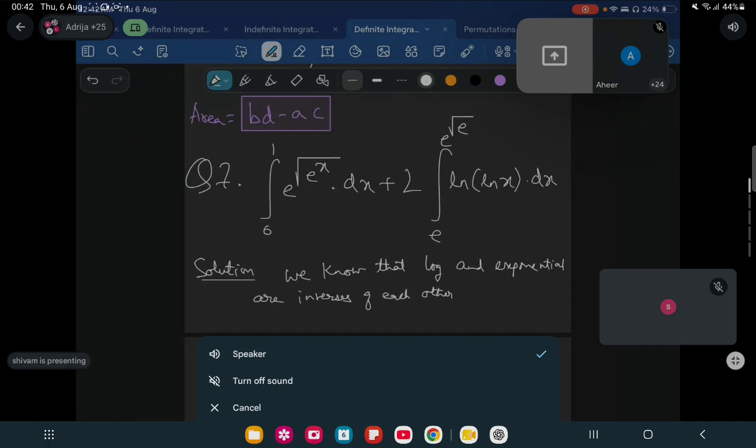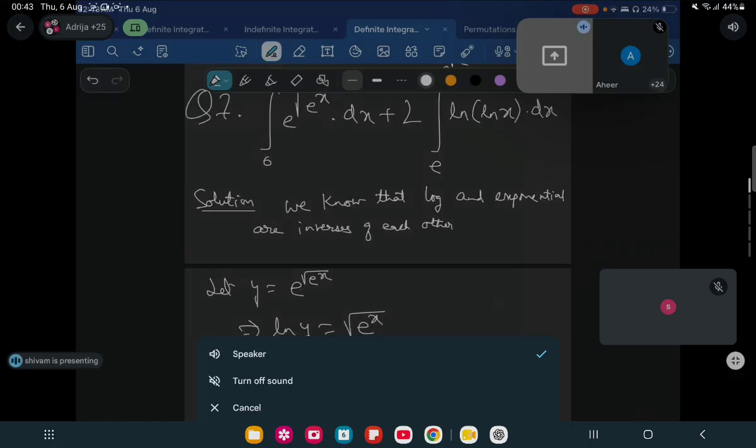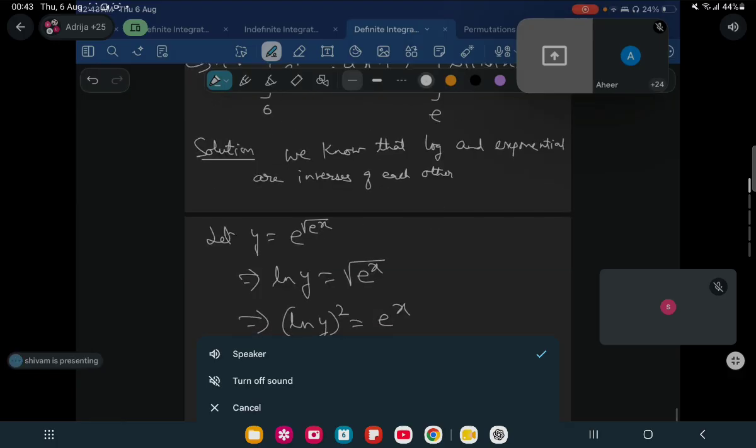Let y be equal to e to the power root over e to the power x. Let's see whether we'll get it or not. So what do we get? ln y is equal to root over e to the power x. This implies ln y whole square is equal to e to the power x. So I'm getting ln of ln y whole square is equal to x.